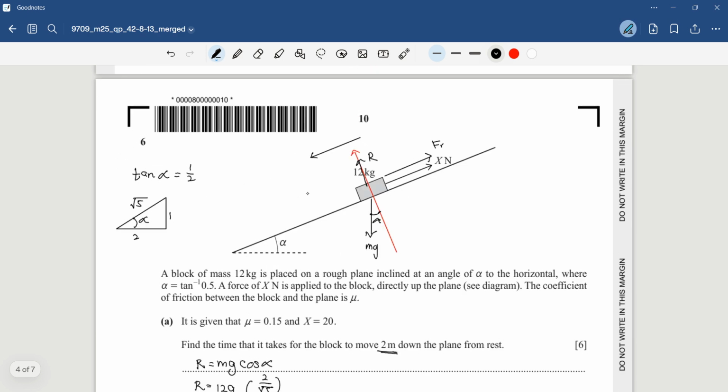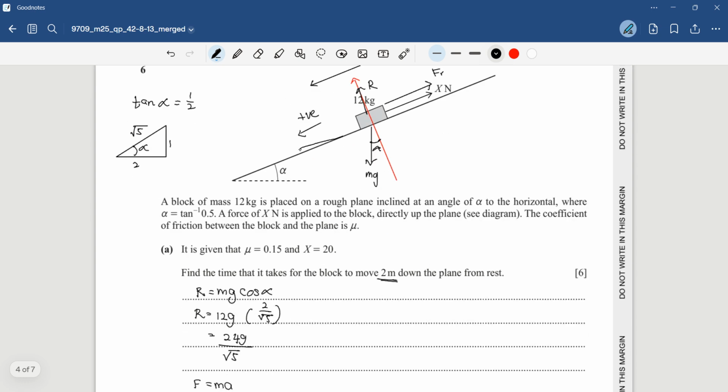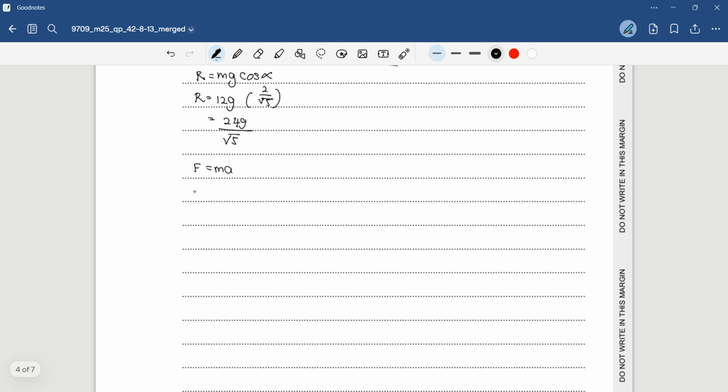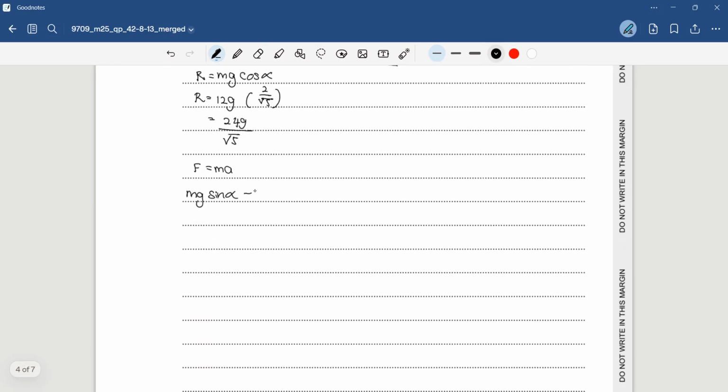And since the object is moving in the downwards direction, I choose this direction as the positive direction, and the upward will be the negative direction for me. So in this direction you will have mg sine alpha, minus x, minus Fr, equivalent to ma.